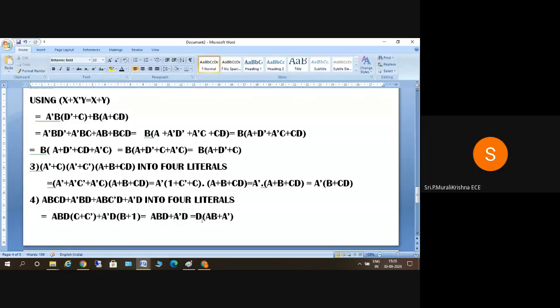So how? So A plus A bar B, right? Yes, sir. Yeah. So fine, you can do that. But it will give 4 literals, and with that it's nothing but 3 literals, sir. Yeah.